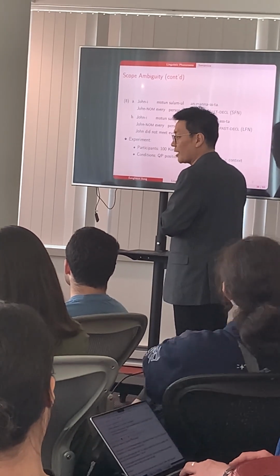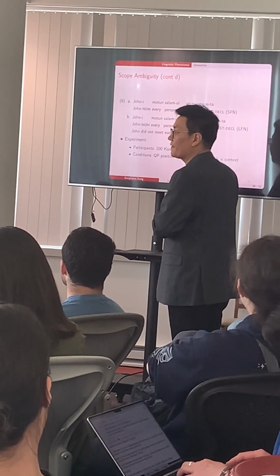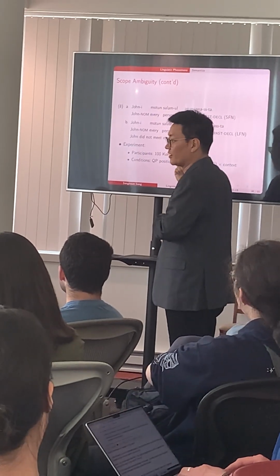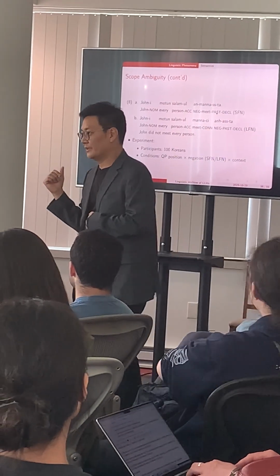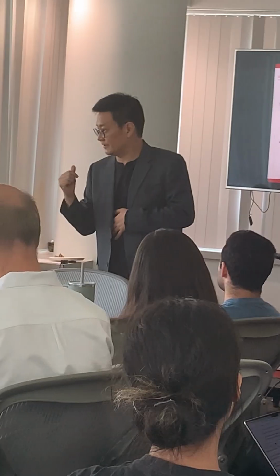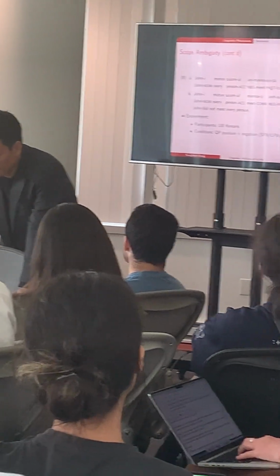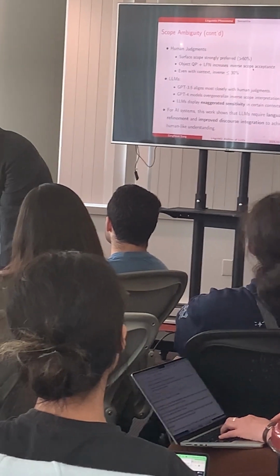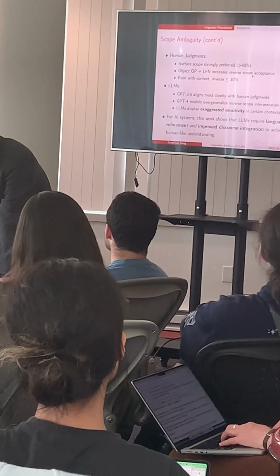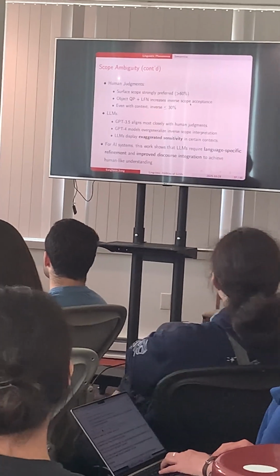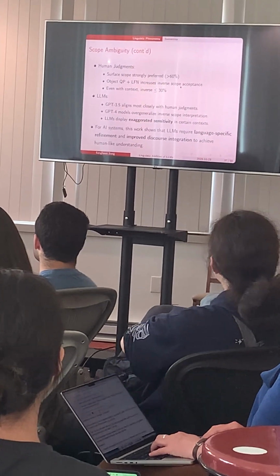Okay, both of them are totally grammatical, but they differ in the preference of the ambiguity, the choice of the ambiguous meanings. And then the answer is that large language models display exaggerated sensitivity in some contexts.